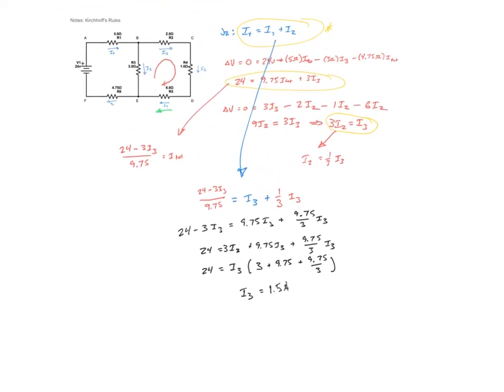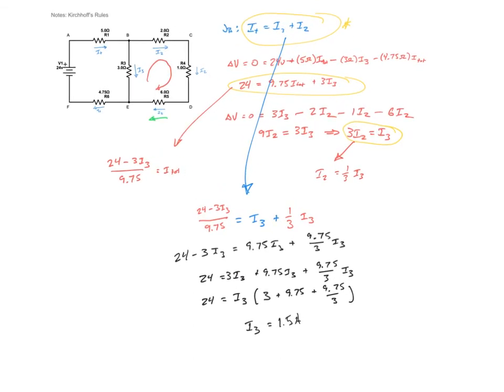Now we can use that and plug that back into our original equations. This one tells us that I2 is going to be equal to 1/3 I3. That means I2 is equal to 0.5 amps.